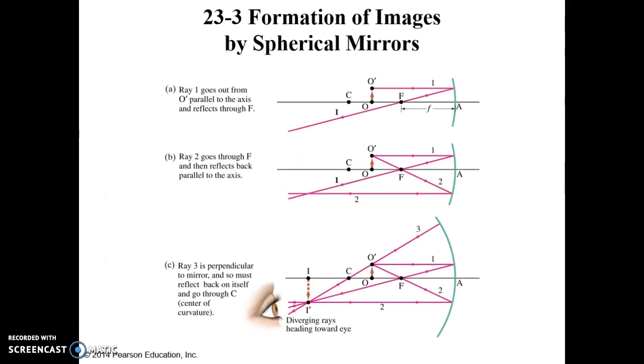Now we saw that for an object at infinity, the image is located at the focal point of the concave spherical mirror, where f equals r over 2. But where does the image lie for an object that's not at infinity?